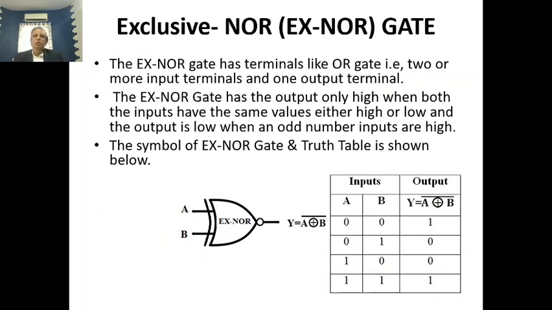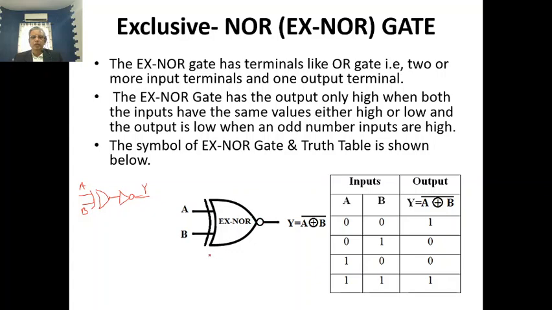Then the exclusive NOR gate. The exclusive NOR gate is obtained by connecting the output of the XOR gate to the NOT gate. This is A, B, this is Y. This is the symbol, means this bubble indicates the inversion, the NOT operator.